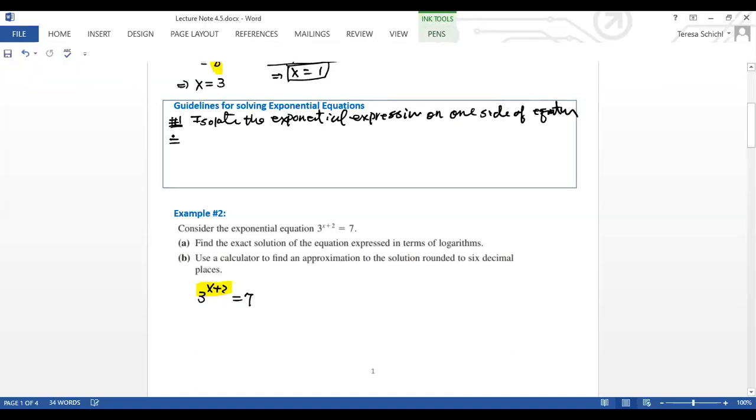Then number 2: take the logarithm on both sides, then apply the laws of log to bring down the exponent.